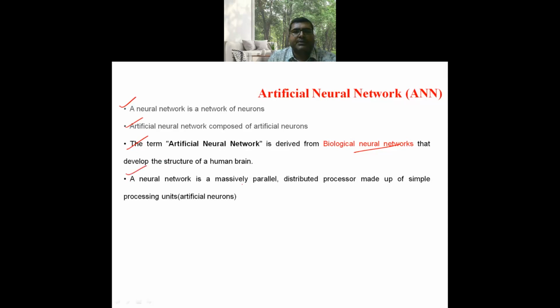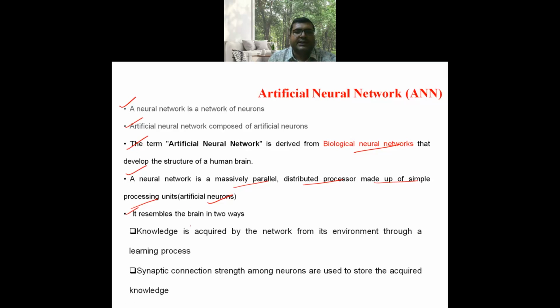A neural network is a massively parallel distributed processor made up of simple processing units called artificial neurons. It resembles the human brain in two ways. The knowledge is acquired by the network from its environment through a learning process, and synaptic connection strength among neurons is used to store the acquired knowledge.